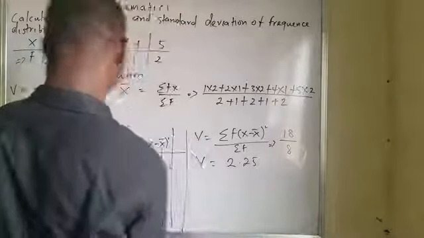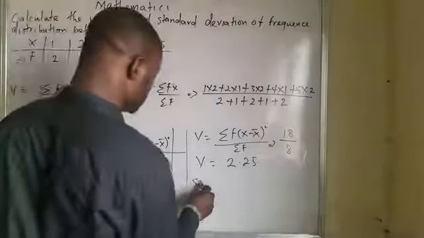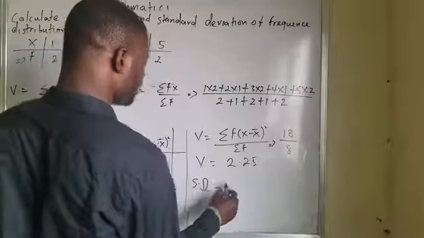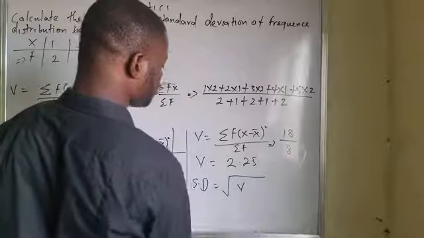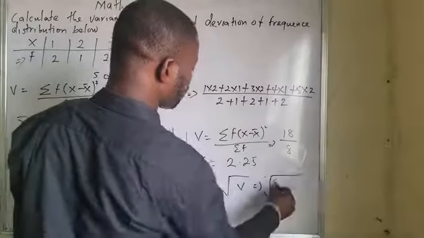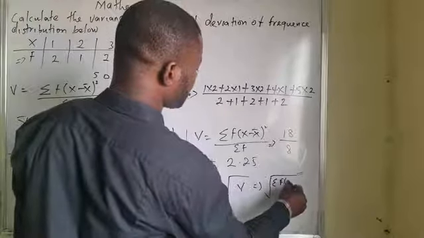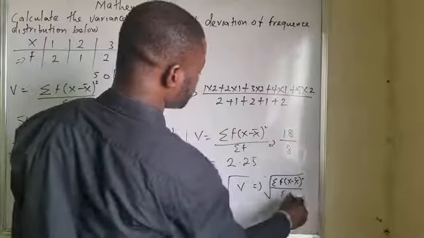That is my variance. Now my standard deviation will be equal to the root of the variance, which is the root of the summation of f times (x minus x bar) squared divided by the summation of f.